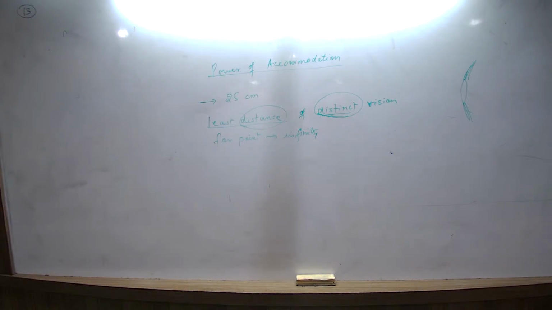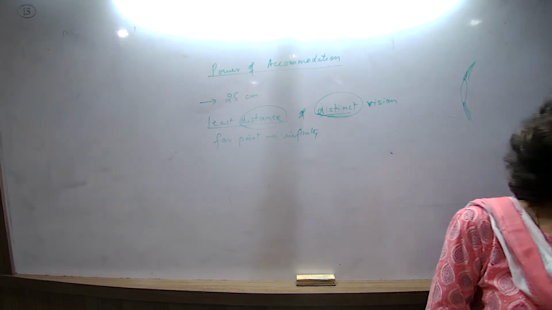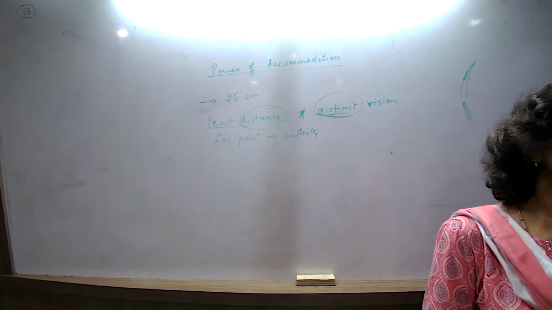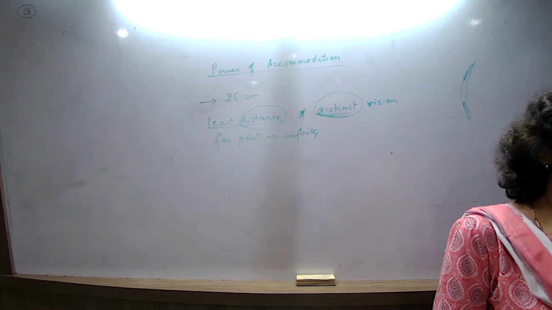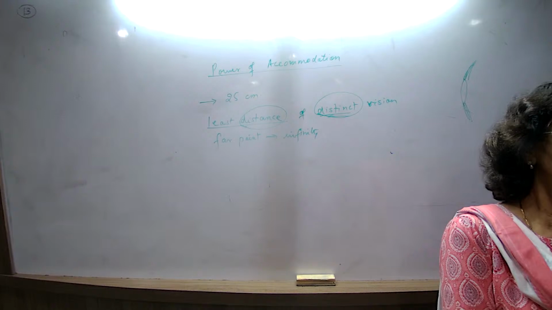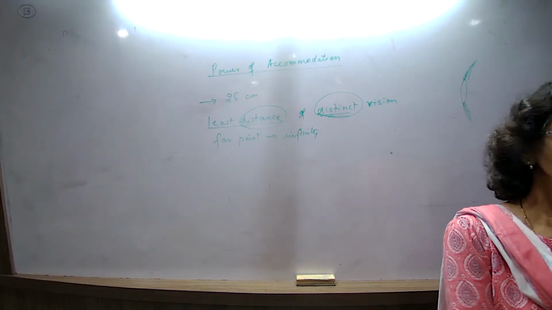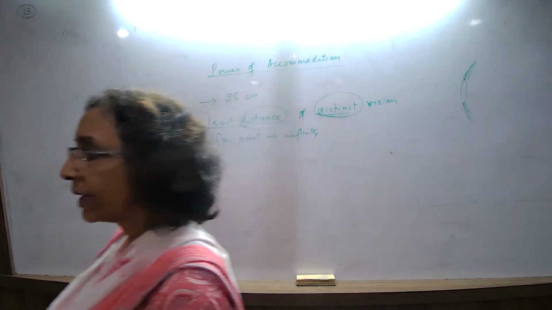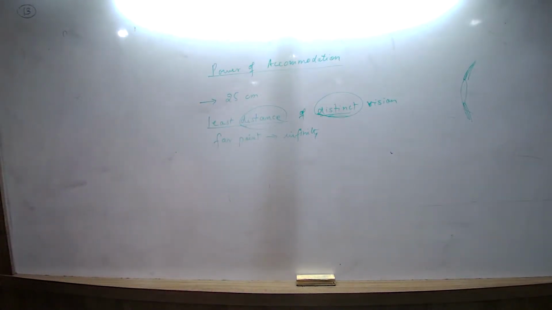The lens is thinner for distant objects, but when you have to see near, the lens gets bulging. How the lens is changing its shape, it's becoming thinner and bulging.